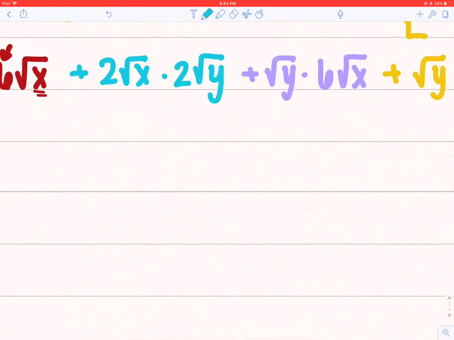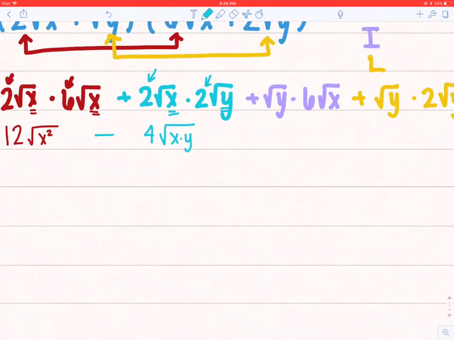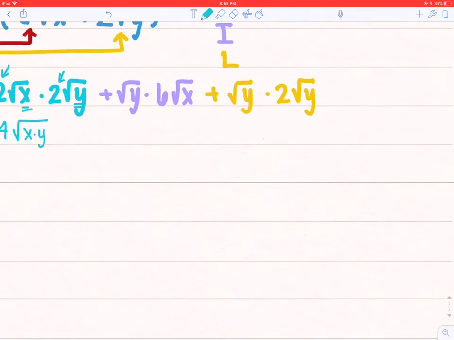Okay, the second part, 2 times 2 gives me 4, the square root of x times y. Okay, the next one, I have just a 1 out front of that, so I have 1 times 6, which gives me 6, and the square root of x times y. Just flip the order.